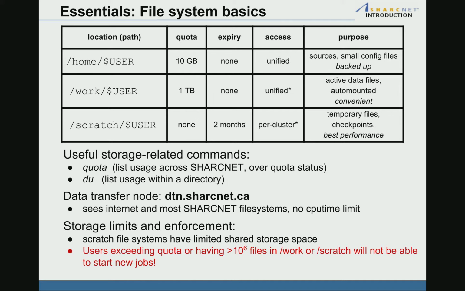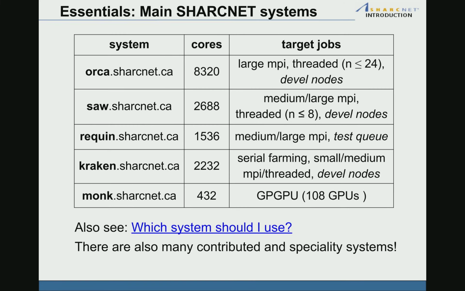If you go over the quota of any of these properties, you'll be able to submit jobs, but they will not get into the run state until you clear up the over quota status. You can do that by transferring files out of those directories and putting them in a more appropriate, longer term location.